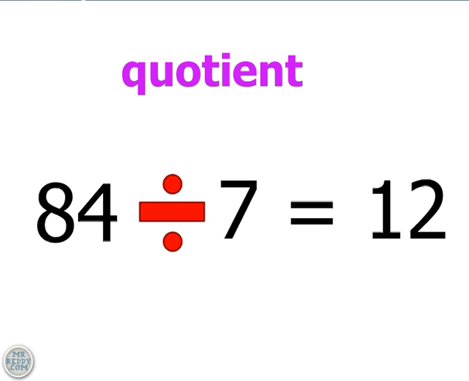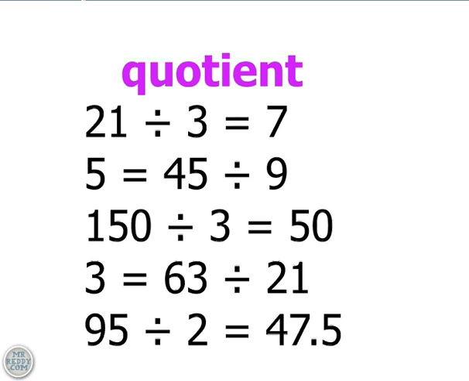Let's have a look at using quotient then. Where is the quotient here? Is 84 the quotient? Is 7 the quotient? Is 12 the quotient? Remember, the quotient is the answer to a division problem, so 12 is the quotient of 84 and 7. Okay, where are the quotients here? We've got 7, because that's the answer to the division problem.